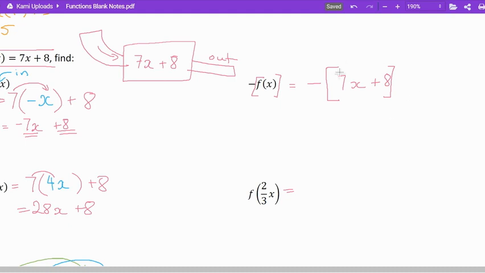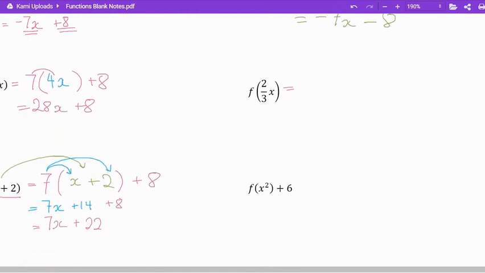So I didn't change anything inside the function. The input is still the same. But what we're saying is once you get your output, multiply that by -1. So I get negative 7x minus 8, right? Each term is multiplied by a -1.